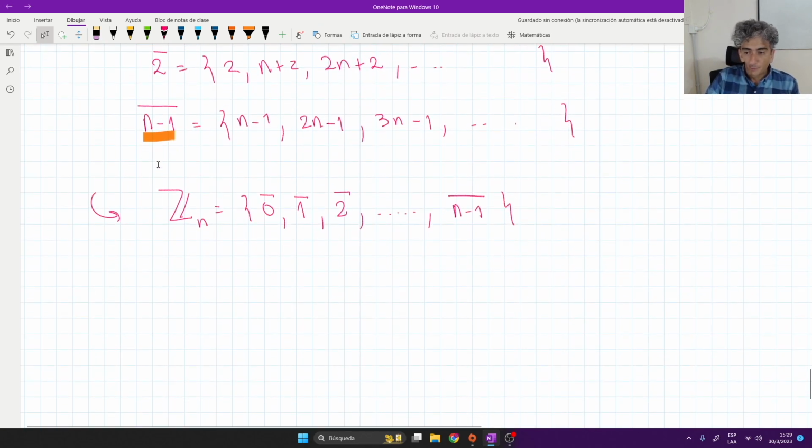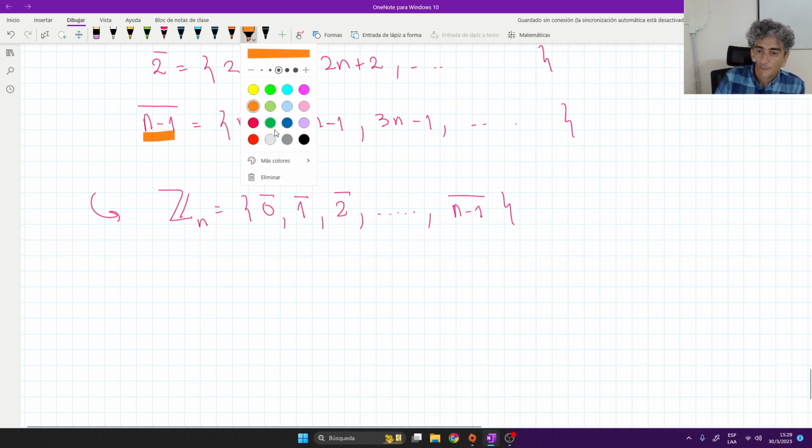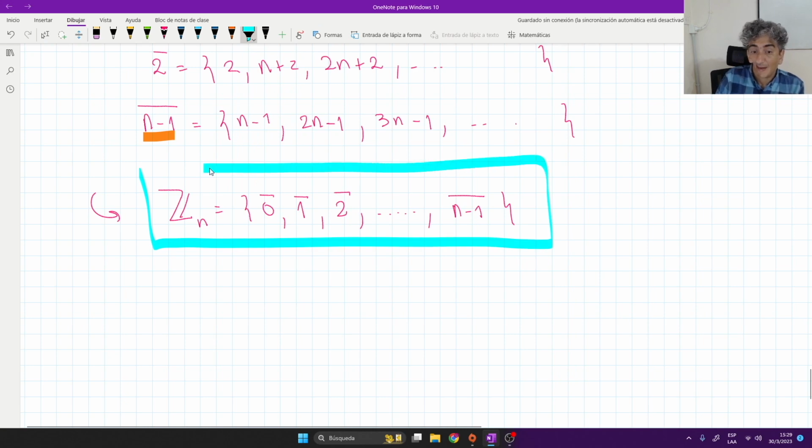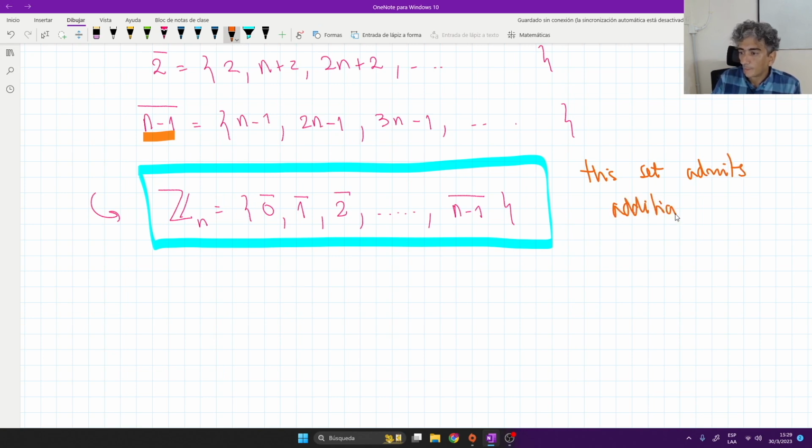But this is done in a very specific way, because this set admits addition and multiplication operations.